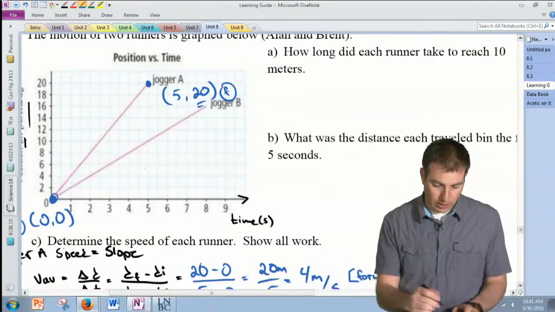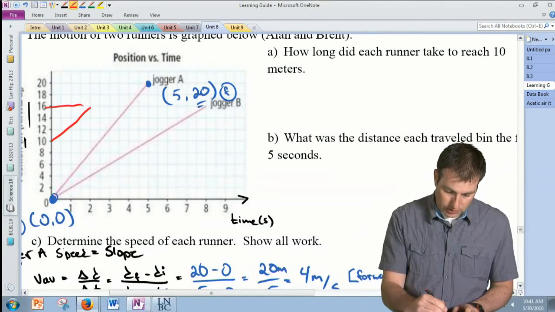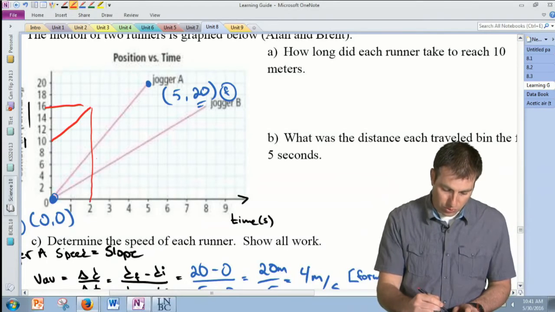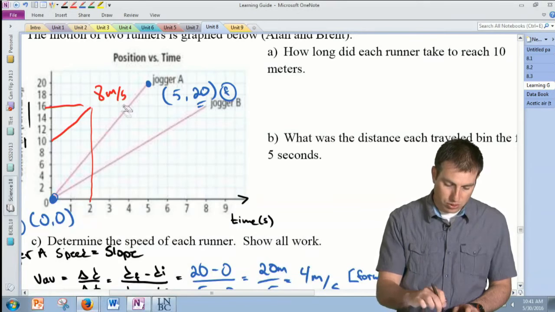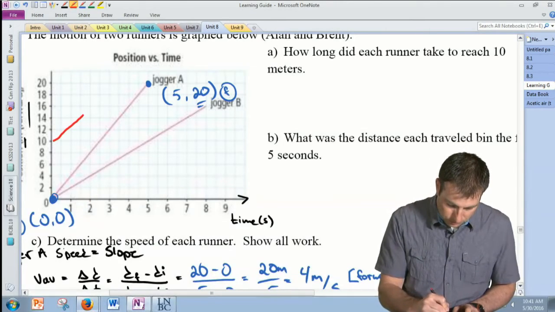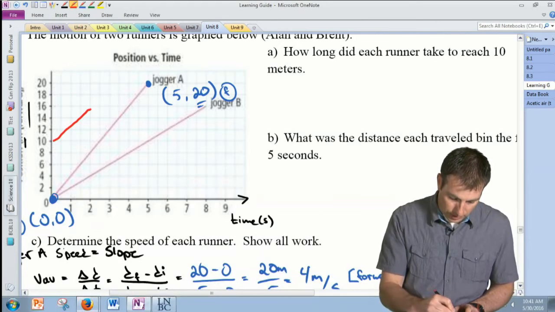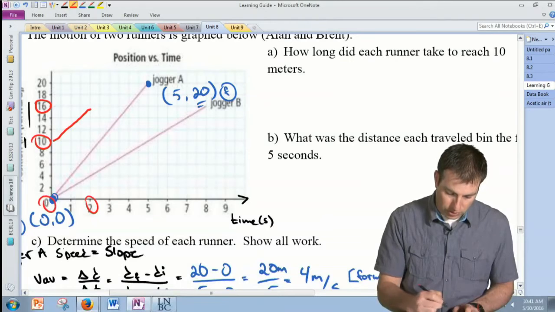So if I had a line, for instance, that started here, that went to there, if I said, okay, this is 16 over 2, okay, 16 over 2, the slope of that is 8. Well, that's not true. What I would be doing is going 16 minus 10, and then 2 minus 0.